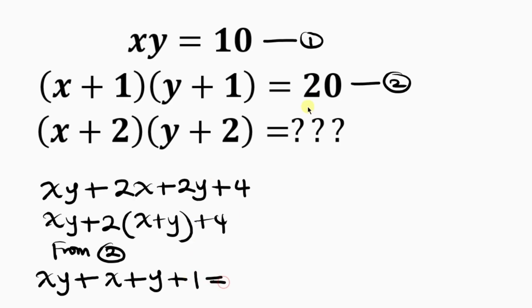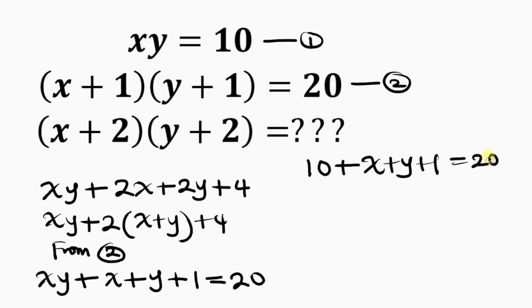We equate this to 20. Very good. That is a complete equation 2. Now pay attention. We've already got xy as equation 1. xy is 10, so I'm going to put 10 there, plus this is x plus y. That is what we're looking for now. And then plus 1. This is equal to 20.